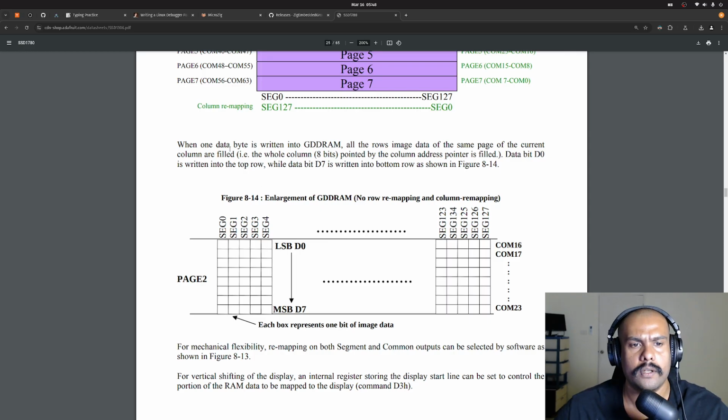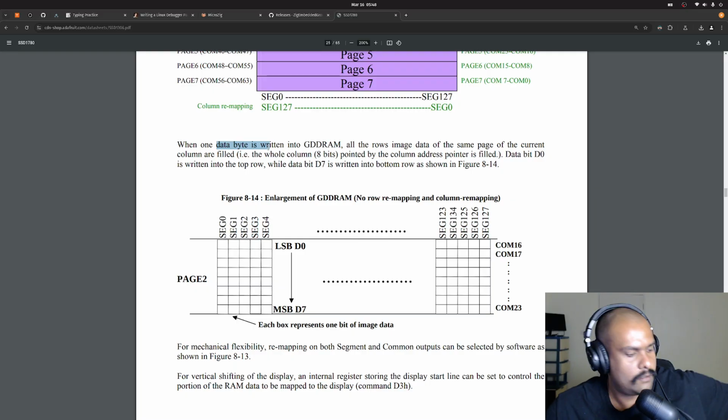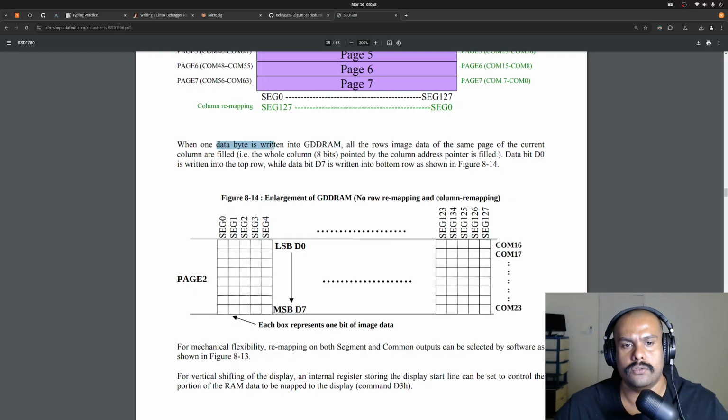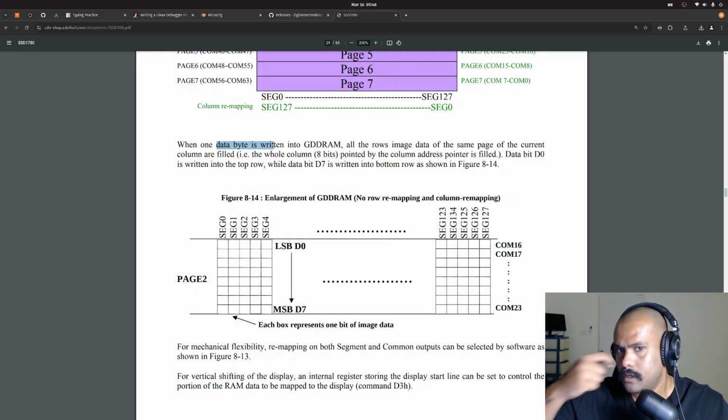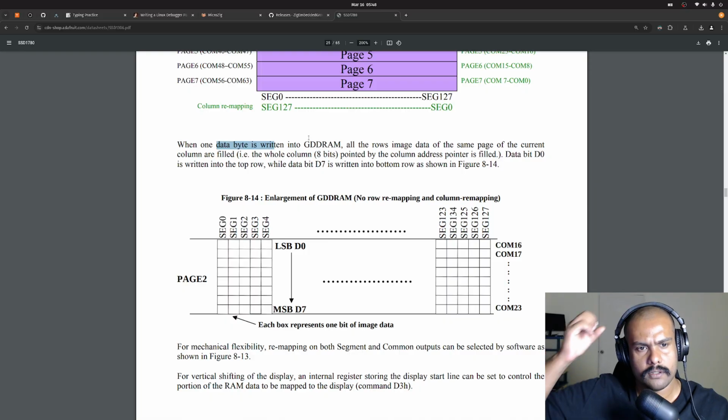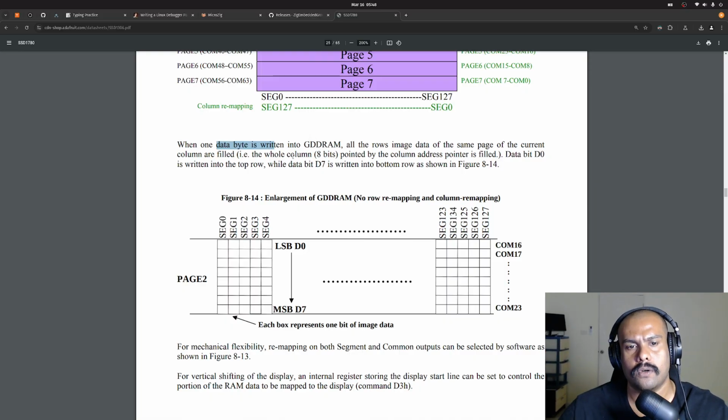When one data byte is written into GDDRAM, all the rows image data of the same page of the current column are filled, i.e. the whole column.